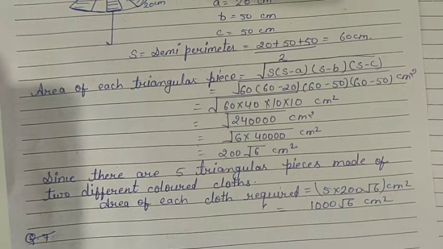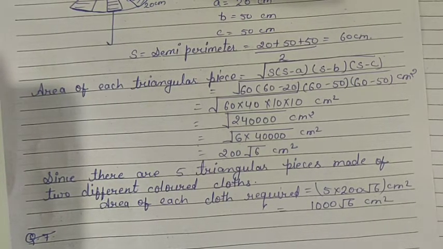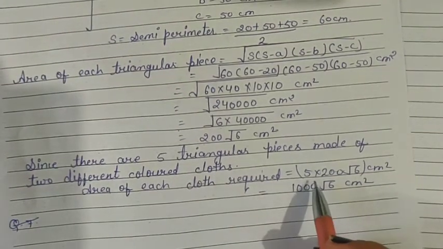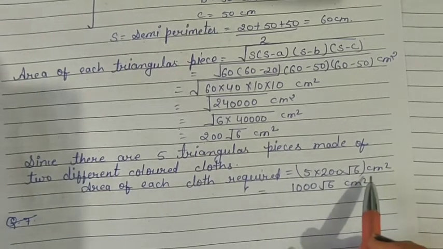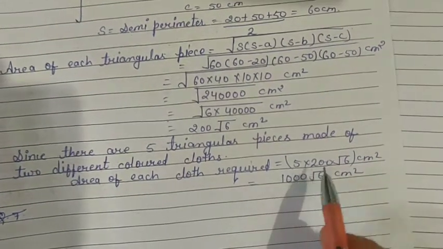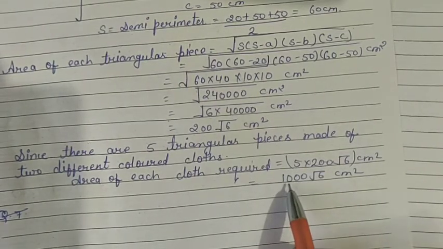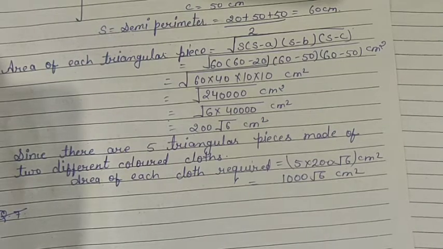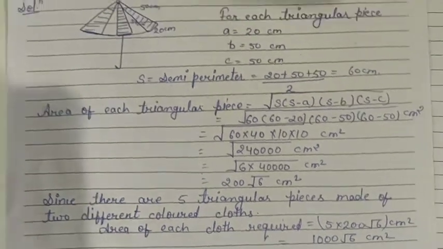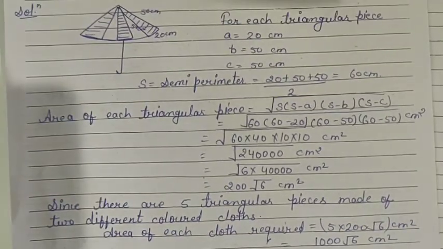So the area of each cloth is equal to 5 into 200 into square root of 6 centimeter square, and when we multiply 5 by 200, we get 1000 square root of 6 centimeter square. Okay students, so this is the area of each cloth required.